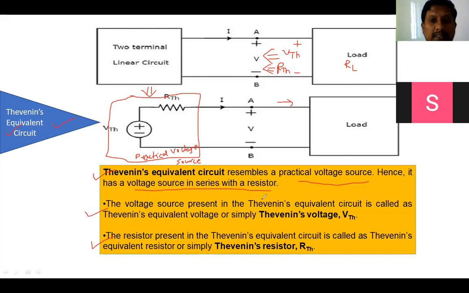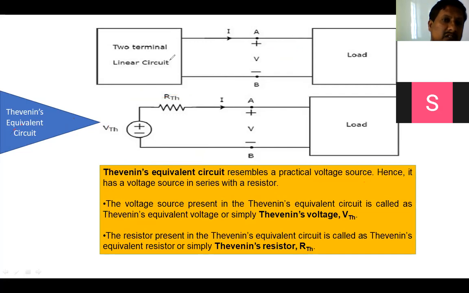The voltage source present in Thevenin's equivalent circuit is nothing but Thevenin's equivalent voltage, or simply Thevenin's voltage, VTH. Similarly, the resistance present in Thevenin's equivalent circuit is called Thevenin's equivalent resistor, or simply Thevenin's resistor, RTH. So this is what we can understand graphically.